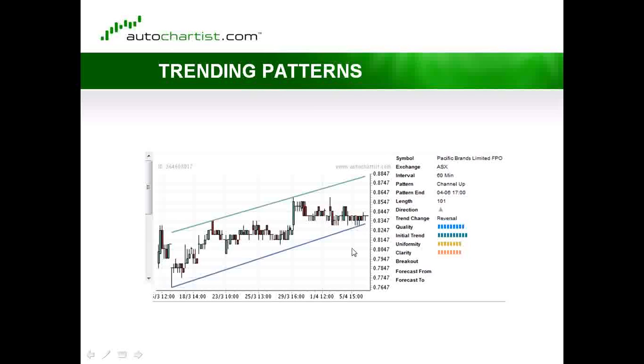You have to remember when you're looking at this particular pattern, it's going to show up in the emerging section. When you see it show up in the emerging section, all you're being told is that conditions are ripe for this market to possibly make a turn to the upside. You have no idea really where it can go or if it's going to break through.